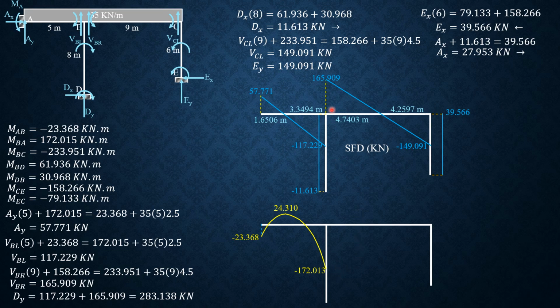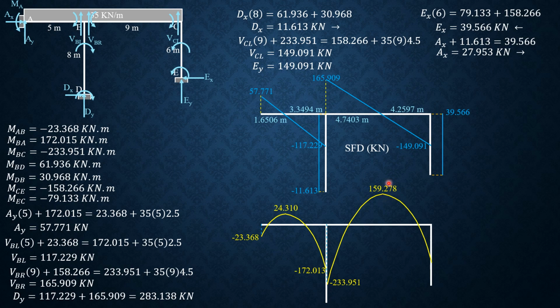Then moment BC is negative 233.951. Then plus this area of triangle, 1/2 of 4.7403 times 165.909, and it is positive decreasing curve. So you'll get value of 159.278.